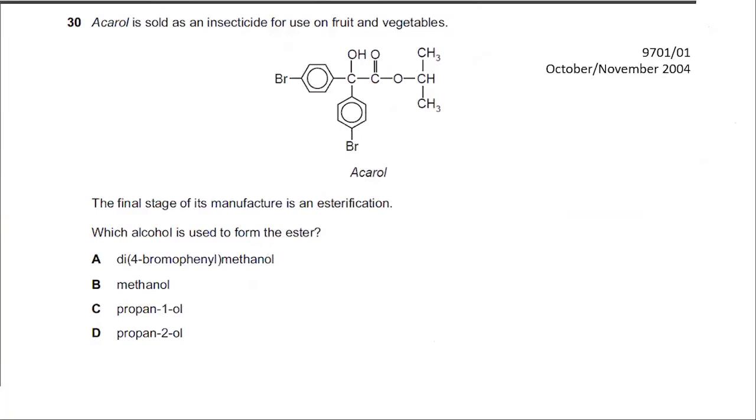Also came from the past paper, but this one is from 2004. Acarol is sold as an insecticide for use on fruit and vegetables. The final stage of its manufacture is an esterification. Which alcohol is used to form the ester? As we learned before, the oxygen within the ester is made up from the alcohol.